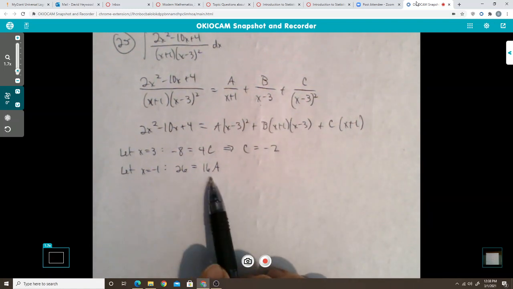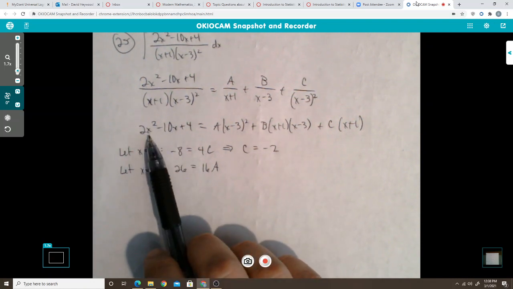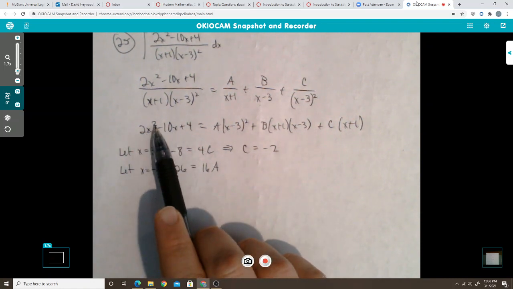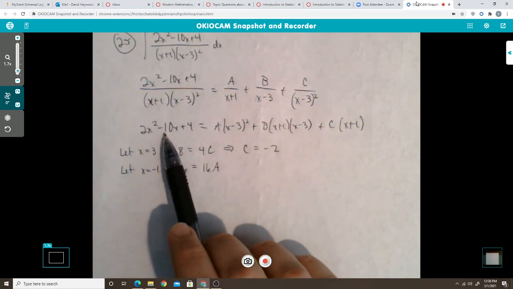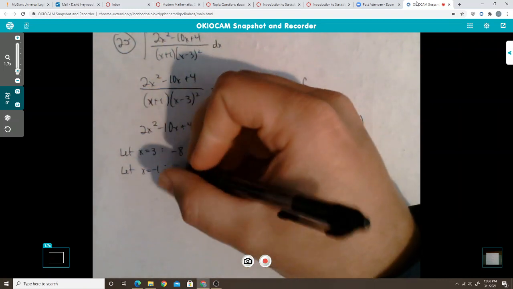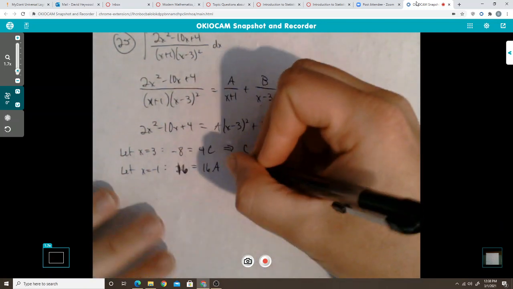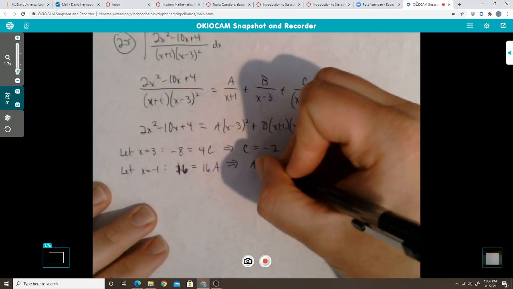This is not very nice, and I wonder if maybe I made a mistake in my arithmetic. I'm going to double check it. Negative 1 squared is 1, times 2 is 2. Negative 10 times negative 1 is positive 10, so I get 2 plus 10 is 12. Plus 4 is 16. I don't know why I said 26. It should be 16. Anyway, 16, that's much nicer. So A is 1.